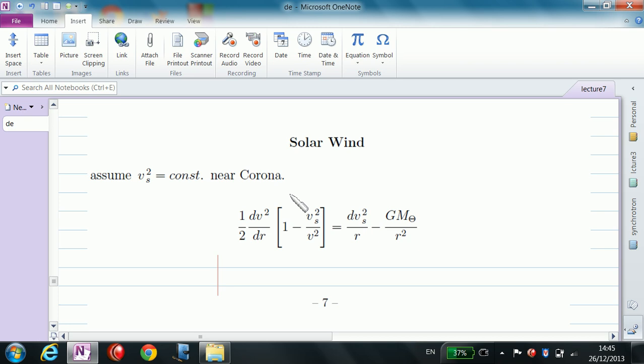The solar wind. I tell the story to most of my classes, so I'm sure some of you heard it before, that people knew that there was something coming from the sun for hundreds of years because they saw comet tails being blown back. Sunlight accounts for some of it, but it doesn't account for all of it.